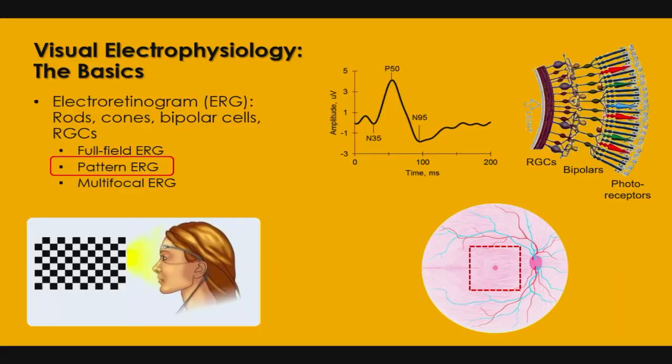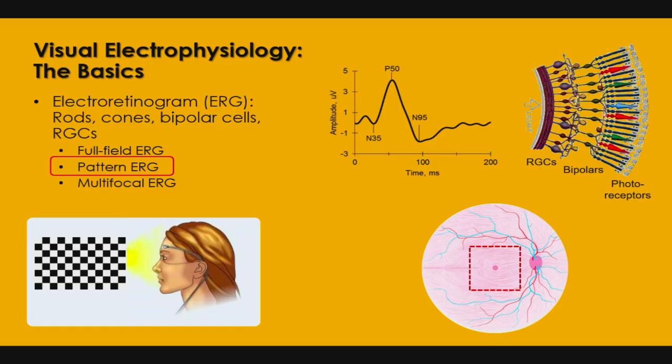And so, again, you get a wave like that. There's the N35. It doesn't mean much. Don't worry about it for now. What we are interested in is the P50 and the N95. You are going to be coming across these numbers and letters.